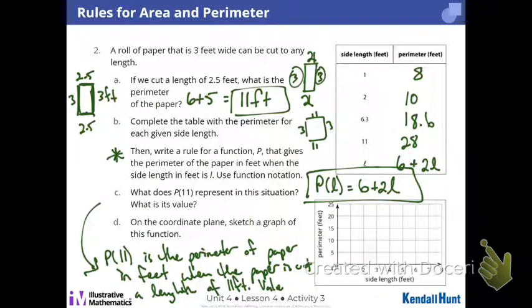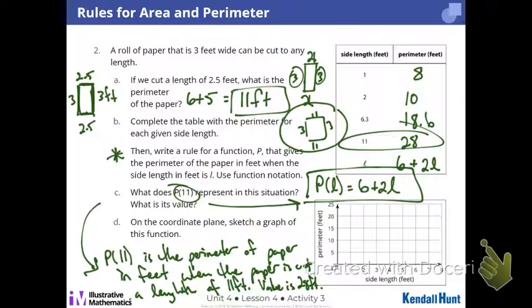The value is 28 feet. That's what that means. So this references this image up here and this part of the table here. The function of 11, side length of 11, pumps out a total perimeter of 28. That's what this function notation says. P of 11 means that in context with our rule.